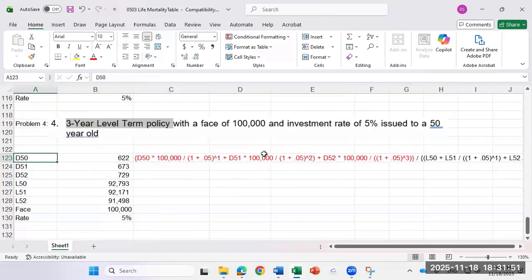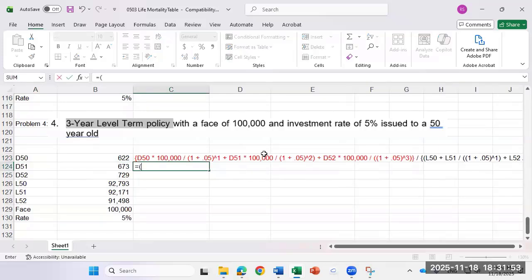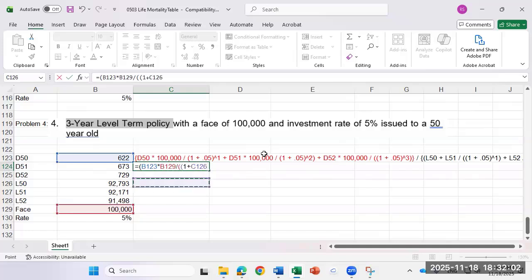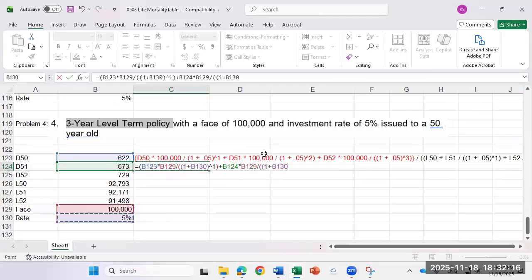All right, so the actual math is a little bit messy here, but it's D50 times 100,000 divided by 1 plus 5% to the power of the first, plus D51 times 100,000 divided by 1 plus 5% to the power of the second, plus D52 times 100,000 divided by 1 plus the rate to the power of the third.